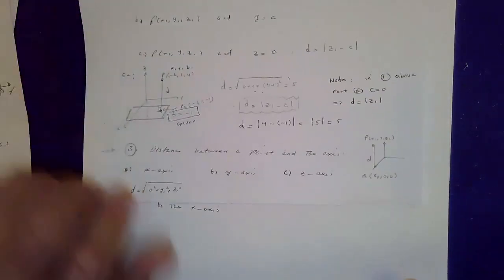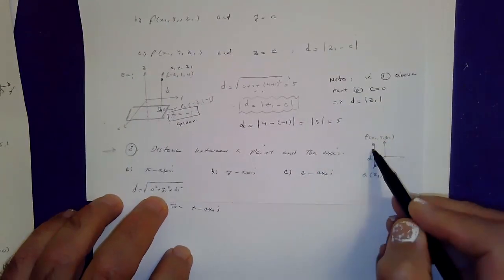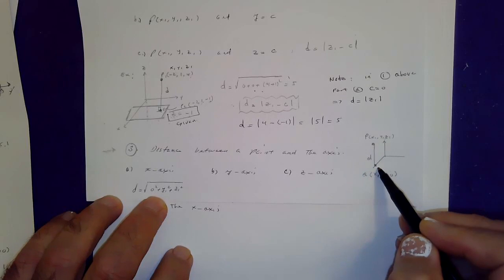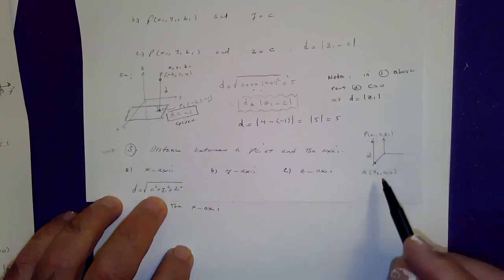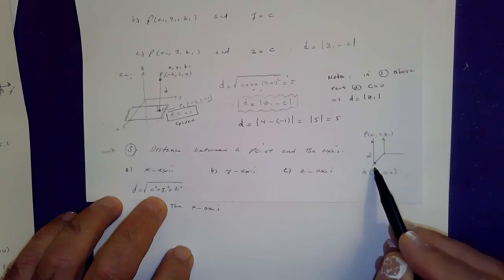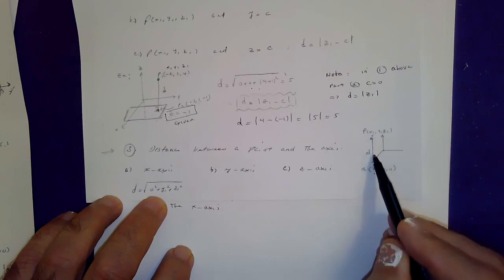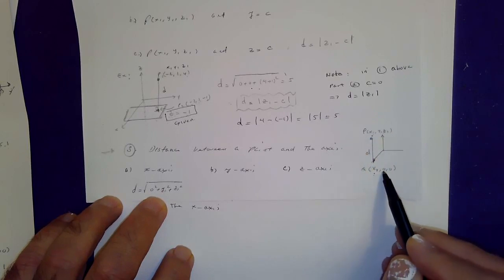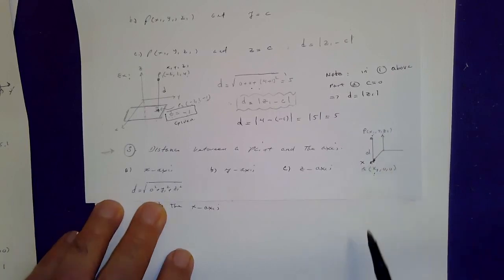Finally, the distance between a point and the x-axis. Remember, this has to be the shortest distance. So if you have a random point x1, y1, z1, the shortest distance on the x-axis below the point is at x1. You remember the x values have to match, but y and z are 0 because you're on the x-axis.